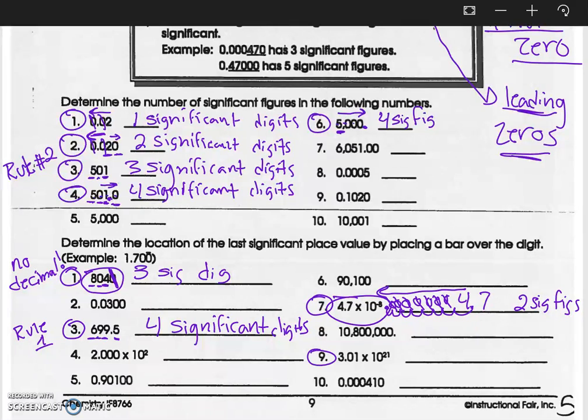How about this one? Technically, if you were to put this to 3.01 and then move the decimal 21 times and fill in the 19 zeros, all of those zeros would be significant, right?